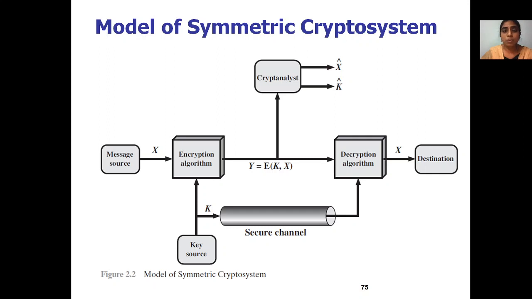So we need a strong algorithm so that he does not break the data that we send through the channel. At the decryption end, the decryption algorithm is performed, and at the destination the message is received by the receiver. This secure channel is the one through which the key is sent from the sender to the receiver.